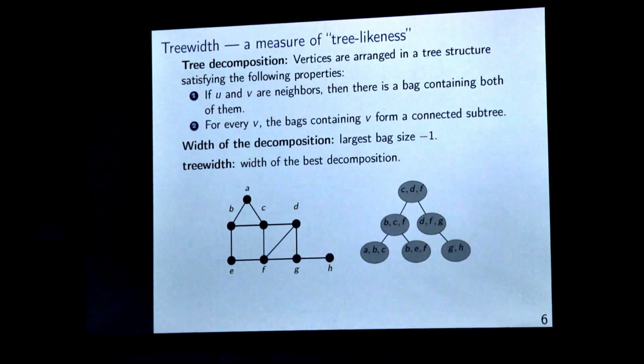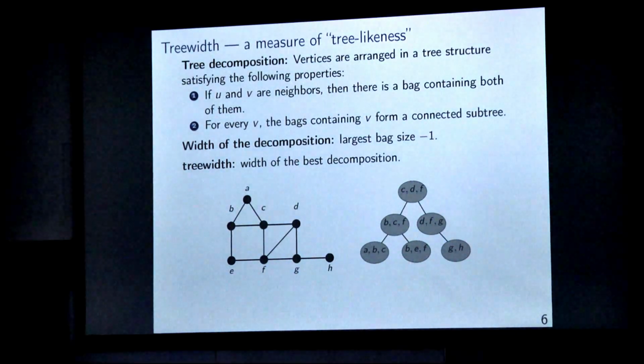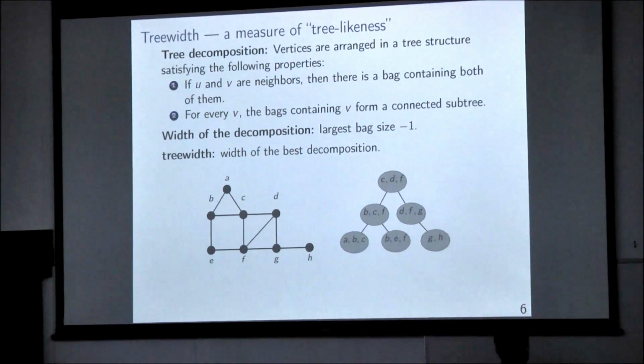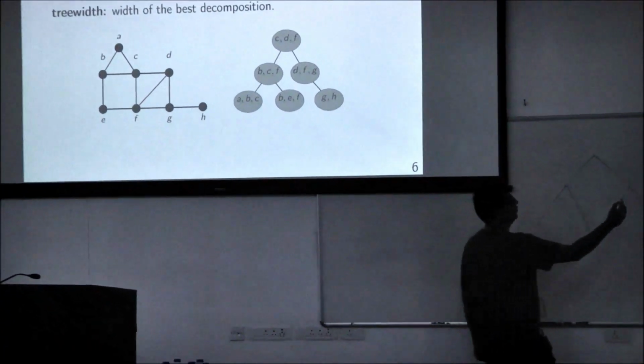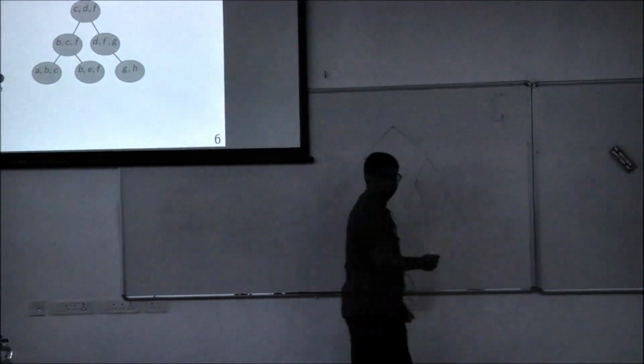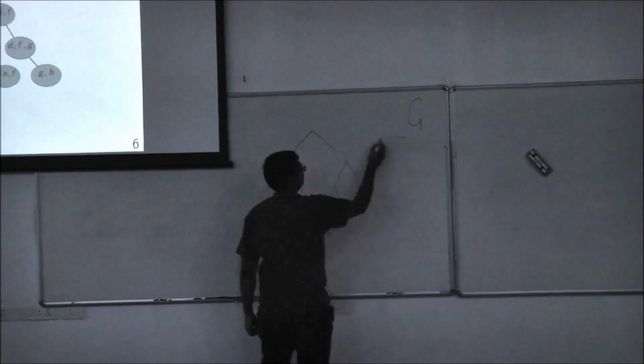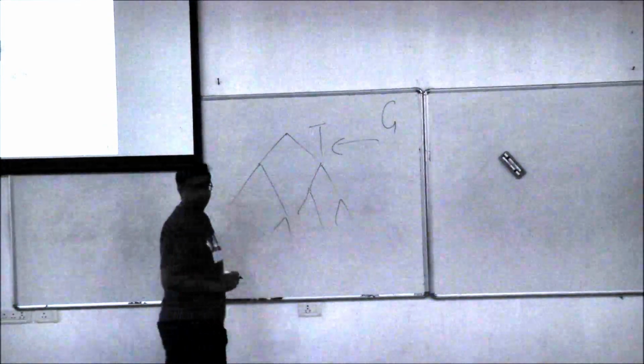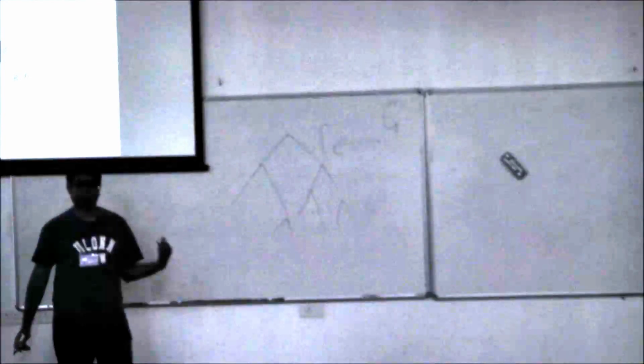So just a small slide on what treewidth is. Think of it this way, that your graph is essentially what people say is tree-like. Okay? So given a graph G, which could be anything, I want to associate a tree T with certain properties.